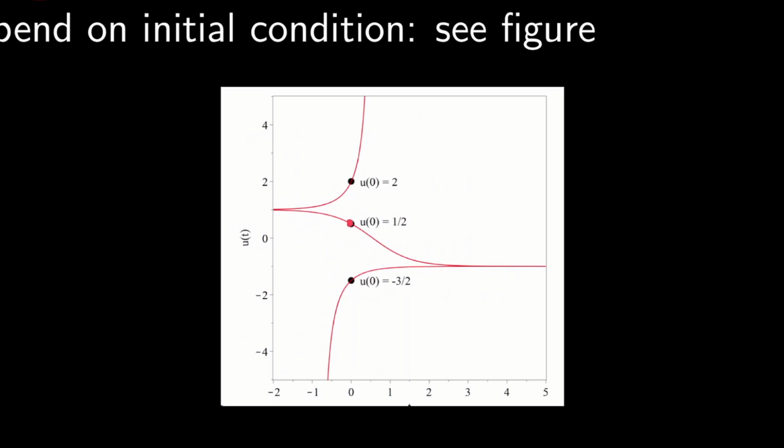If we came in kind of the middle of this stream here, we might diverge from this fixed point and come to this other fixed point, right? Dropping off here, kind of like a logistic growth. Same here, starting down at u of 0 equals -3/2, we might just be increasing up to this equilibrium, but starting at a higher point, it might break away. Okay, so depending on what your initial condition is, could change the interval of validity, right?